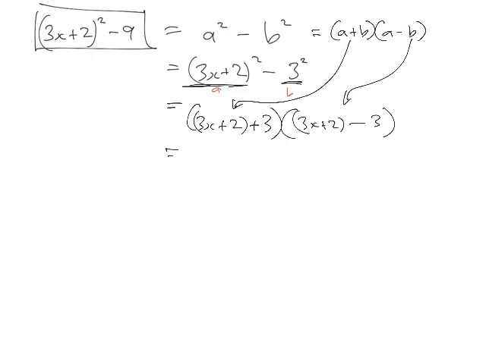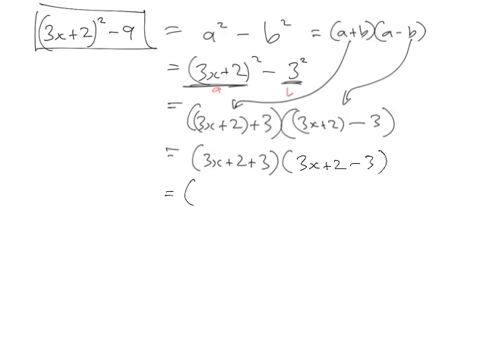So when I finish here, because we've got multiple sets of brackets, we need to deal with them. Is there anything more that I can do with this set of brackets? 3x plus 2, I can't collect them, I can't do anything, so the bracket can be removed. 3x plus 2 plus 3. Is there anything else I can do with this set of brackets? Well, 3x plus 2, I can't collect like terms, so that grouping can be removed.